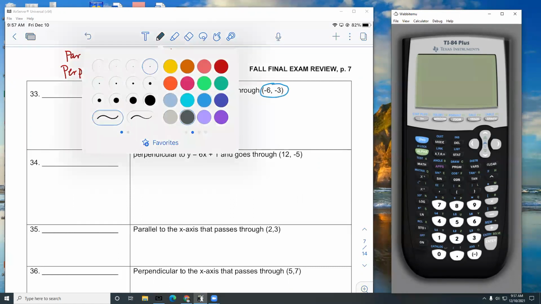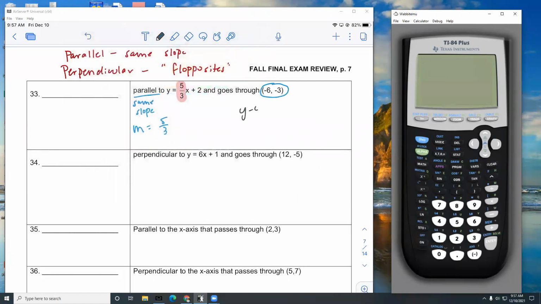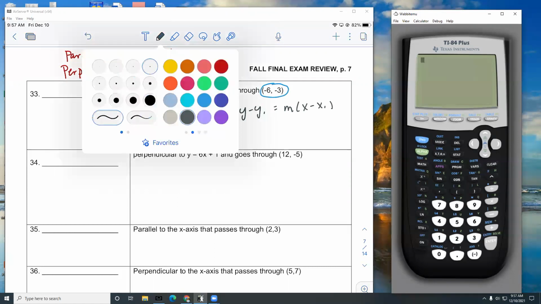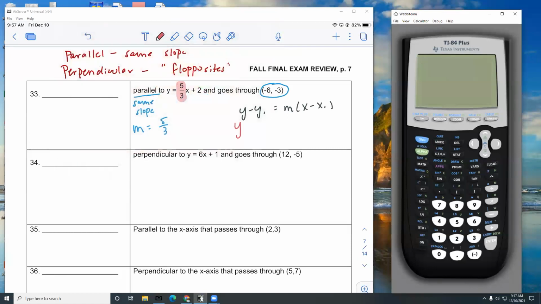So let's put this thing in point slope form. That's y minus y1 equals m times x minus x1. So I'm just going to fill it in with -6 as x1 and -3 as y1. So that's going to be y minus -3, which should be plus 3, equals 5/3 for my slope times x minus -6. So that should be a plus 6.